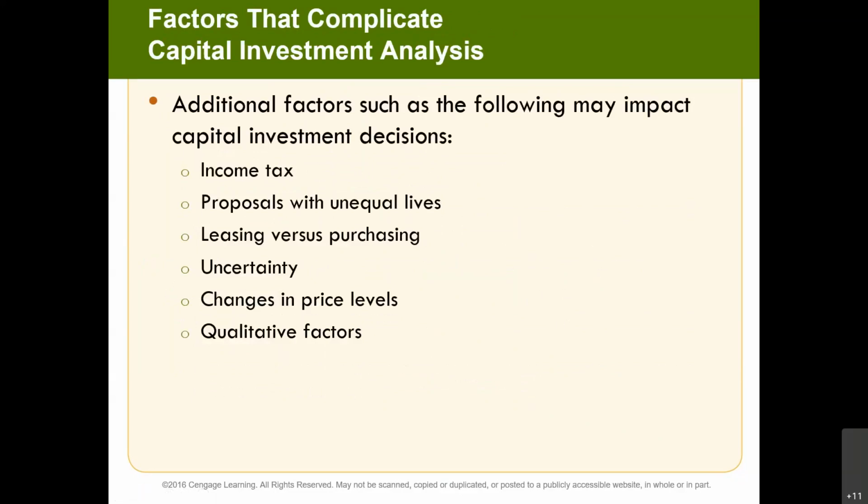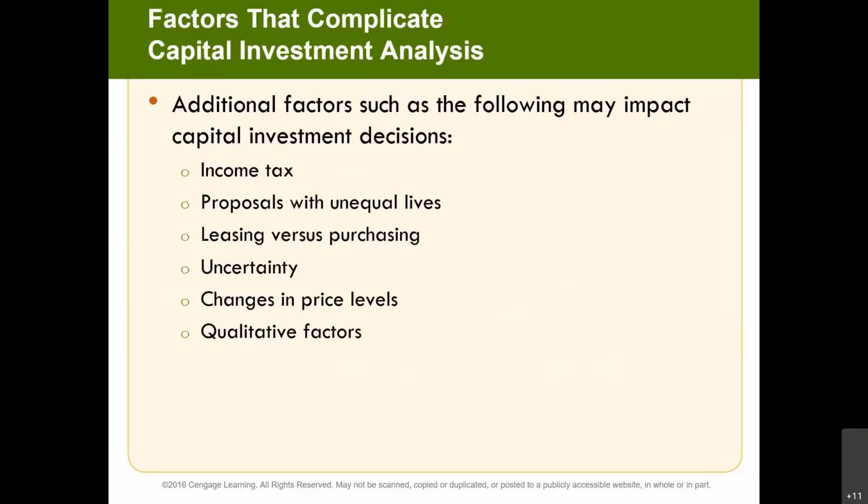So let's talk about factors that make capital investment decisions complicated, as if it weren't complicated enough, right? So factors that complicate or impact the investment decisions. This would include things like income taxes, how much am I going to have to pay out, right?